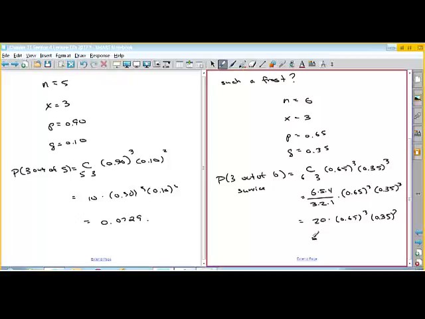Plug that in. 20 times 0.65 to the third power times 0.35 to the third power. And it's 0.235. So that's the probability that half the trees will survive.